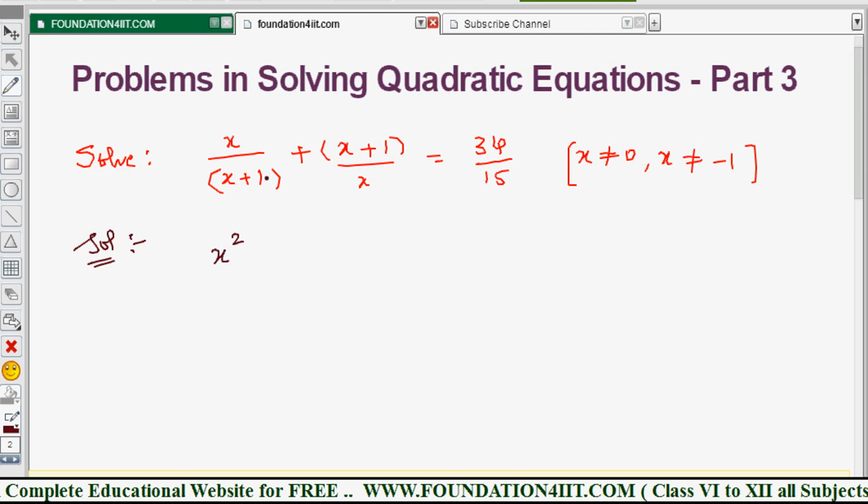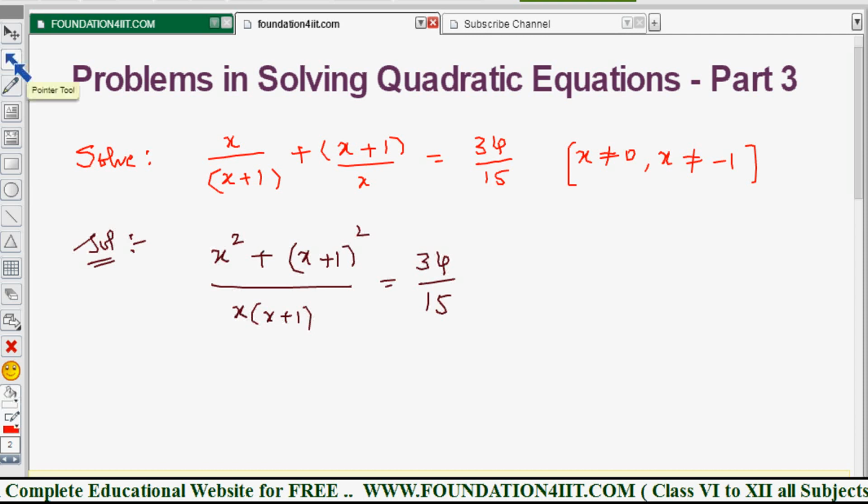So x into x, x square, plus, and these two, that means x plus 1 into x plus 1, x plus 1 whole square, divided by both denominators multiplied in the denominator place, that is x into x plus 1, equals 34 by 15 as it is. This is the first step. Whenever you are unable to do the LCM, just multiply these two cross, and multiply the denominators and write them in the denominator place.